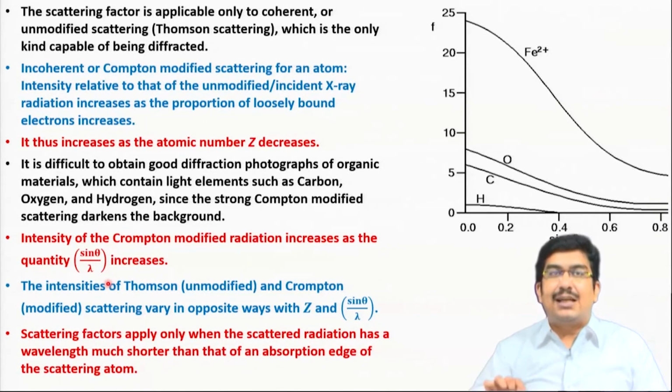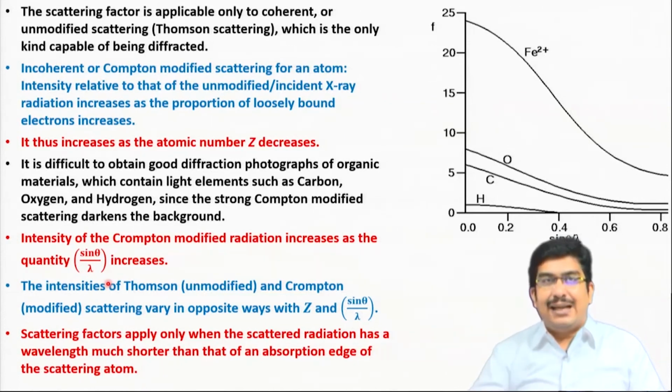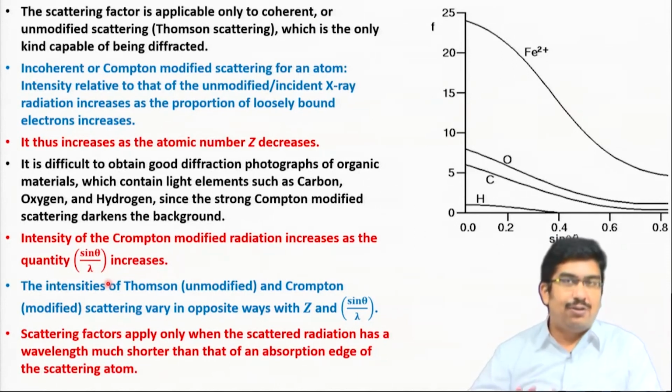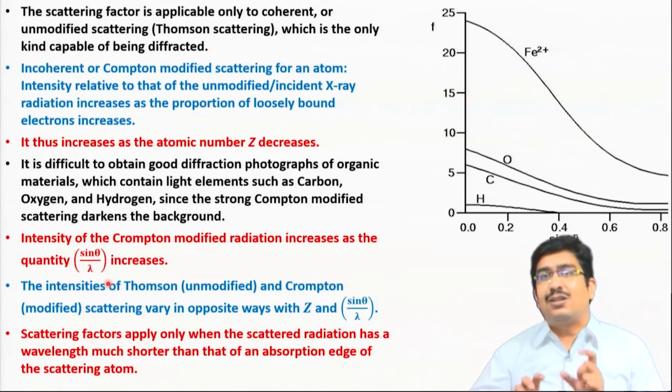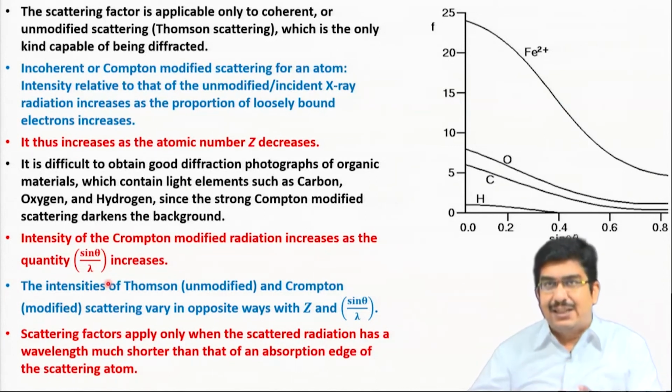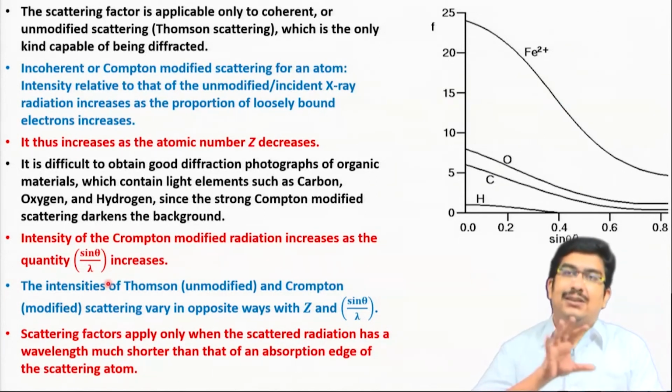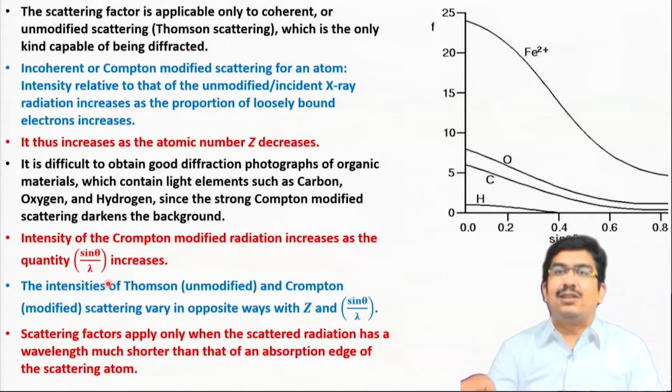But when we consider Compton scattering, it has a direct relationship with sin theta by lambda. As sin theta by lambda increases, Compton scattering also increases. How it is happening, we are not going into that. Basically, if the wavelength of the electrons is decreasing, that means the electrons are now coming with a higher energy, a shorter wavelength means a higher energy.